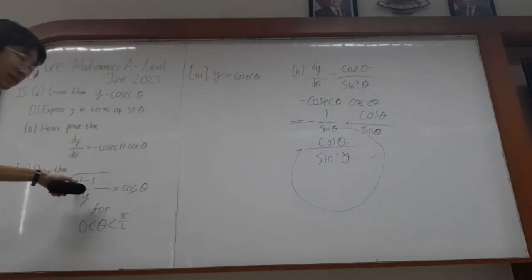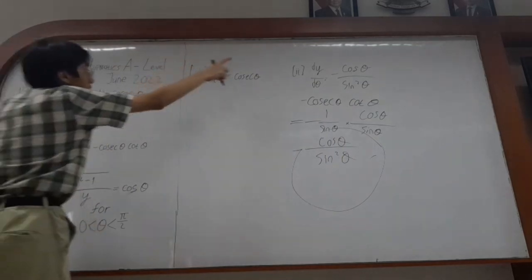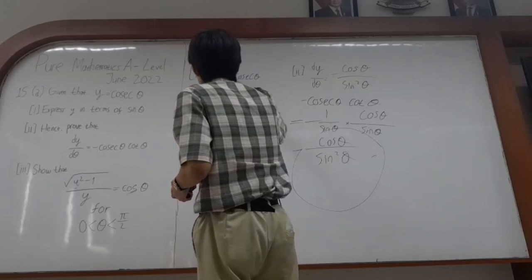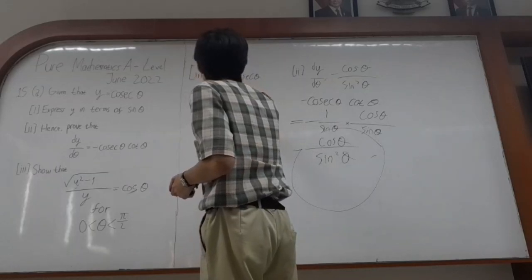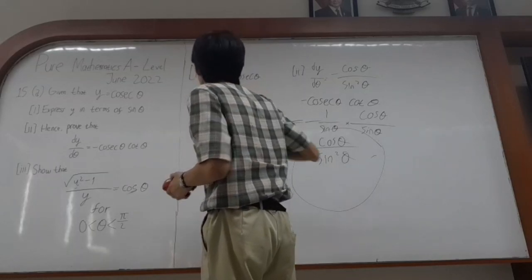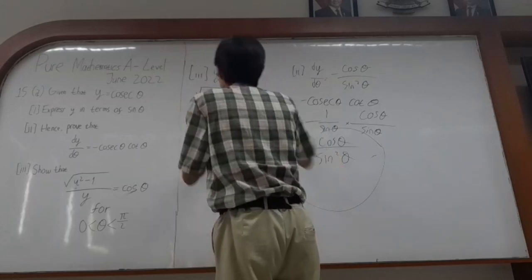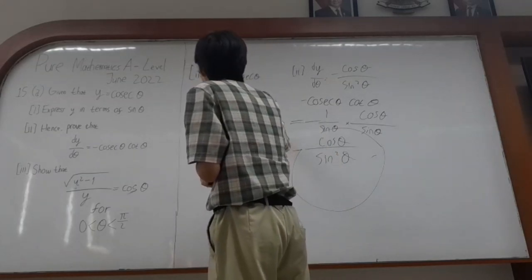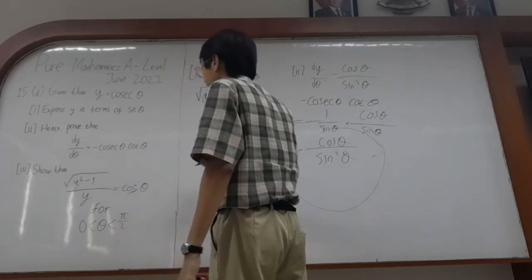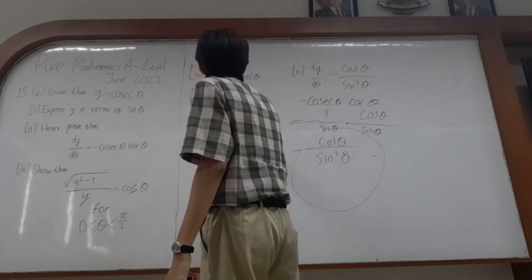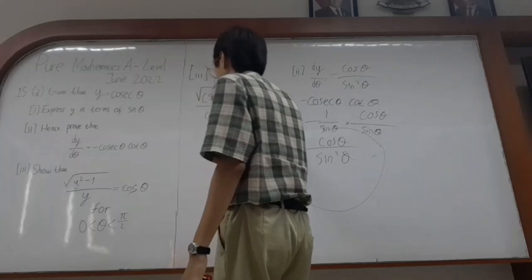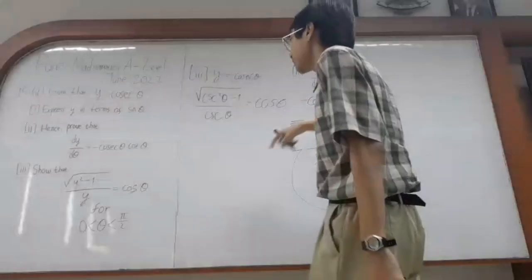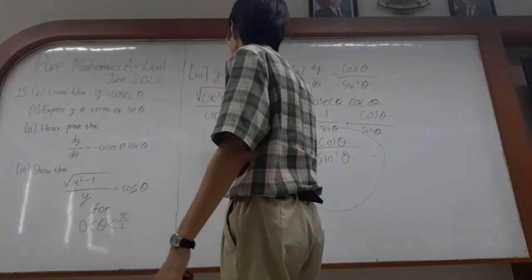We are replacing y with cosecant theta, which will be written as follows. So cosecant, or I'm just going to write CSC because that's easier. CSC squared theta minus 1 over cos theta equals cos theta. We'll save this for later because we want to prove this.